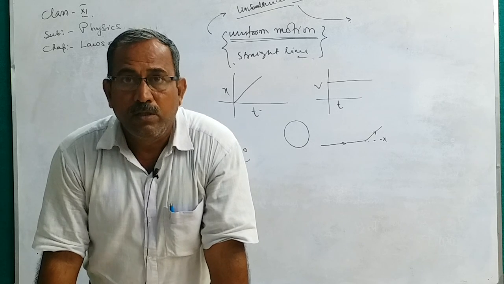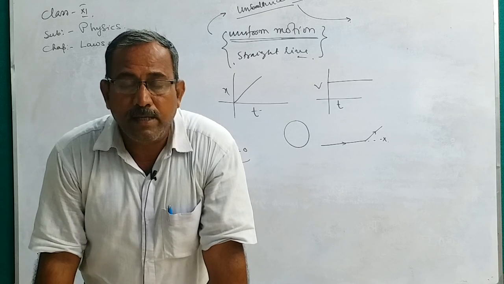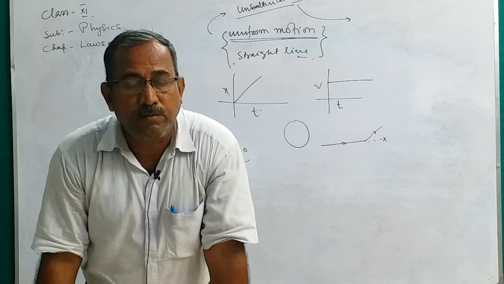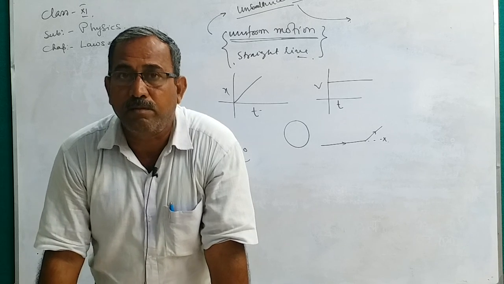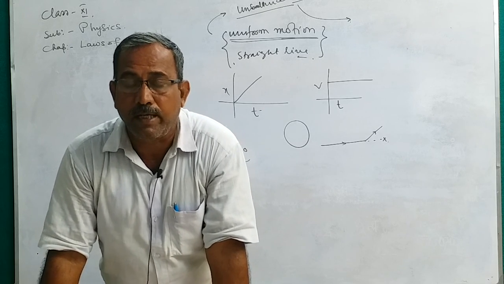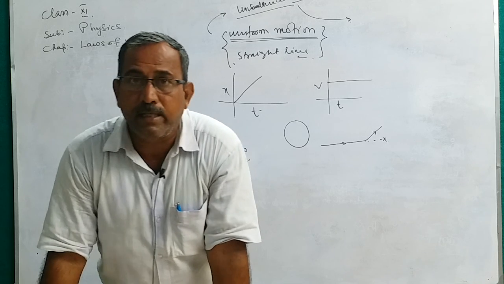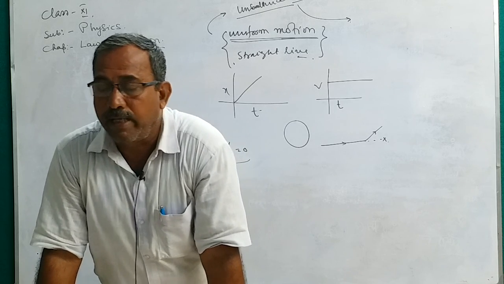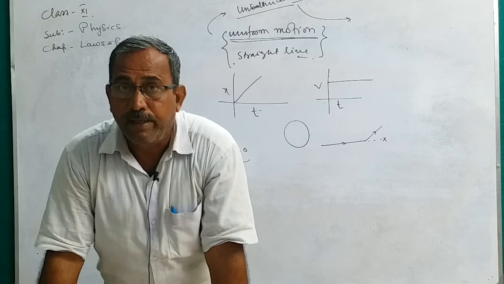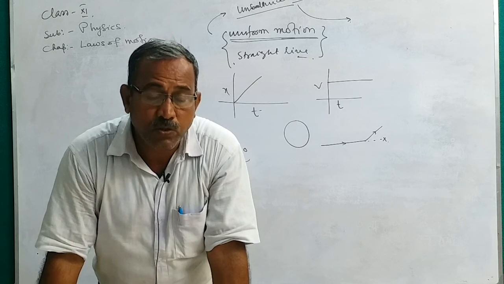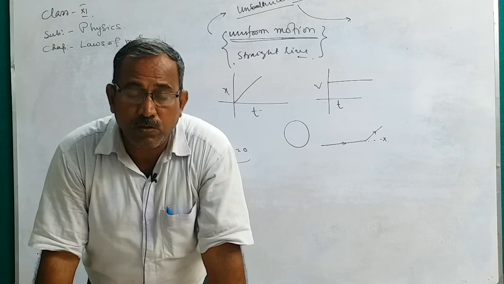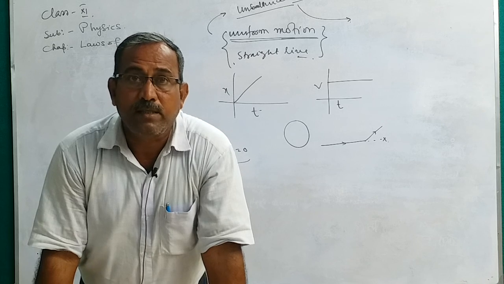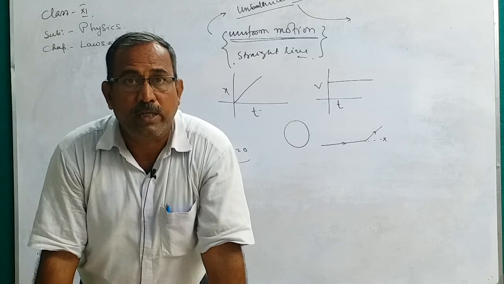Inertia has 3 types. Some books show 2 types, and some books show 3 types: inertia of rest and inertia of motion, and in some books inertia of direction also. Inertia is also called the first law of motion.